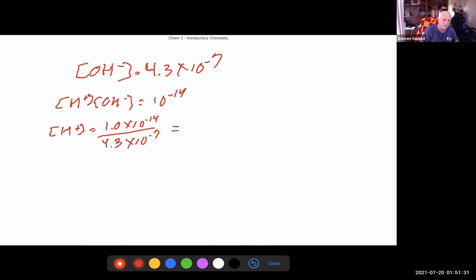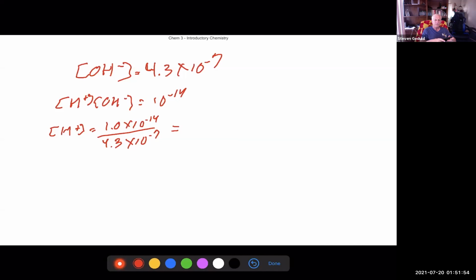So turn it sideways, and you enter 1 times 10 to the minus 14. On your keyboard, you would hit 1, then EE for your exponent, then 14, and then the plus minus sign. It's the third button from the top right-hand side. That gives you a minus 14. Then hit divide.